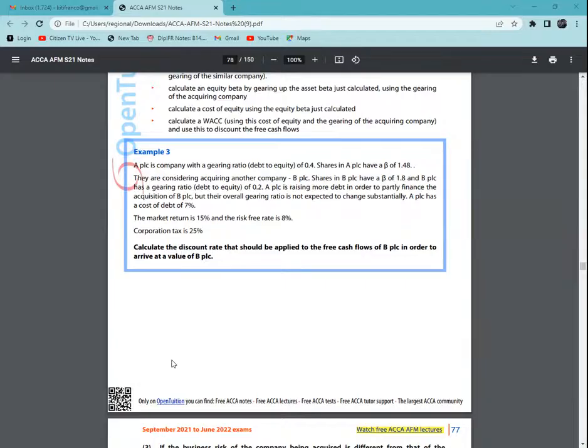The beta which becomes relevant is the beta of the new business, B Limited, which has a beta of 1.8. So the 1.48 beta of A becomes irrelevant. The one that we shall use is the one of what here, somebody? 1.8 of B company. So Mary, does that help? Is that helpful?